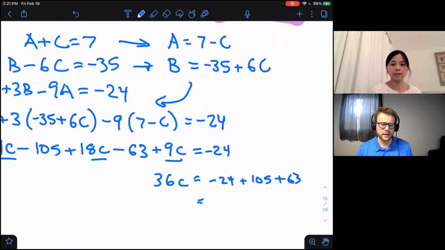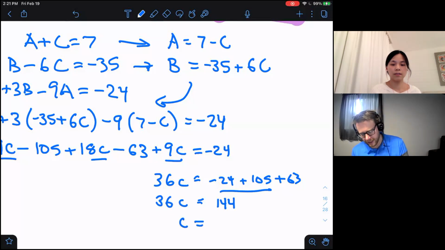And let's see here, negative 24, so that's going to be 81. And I'm combining those right now in my head, or trying to. 81 plus 63, so what, 144? Everyone get c equals 4?